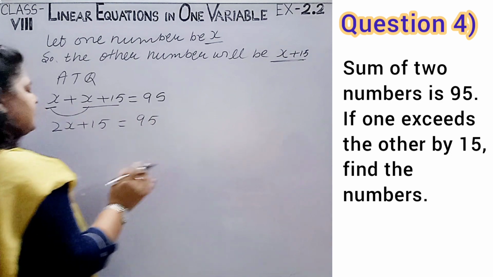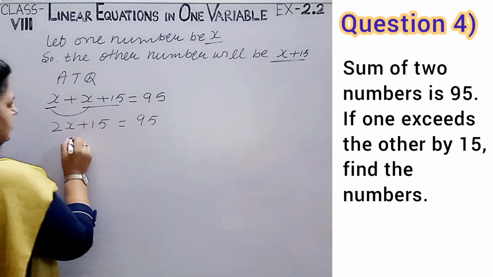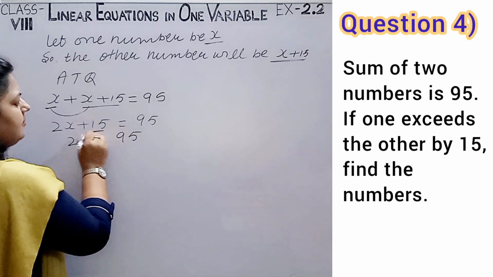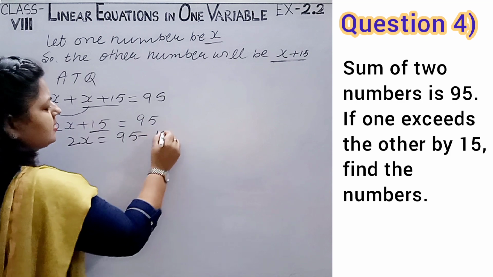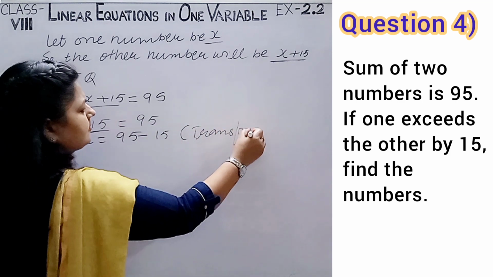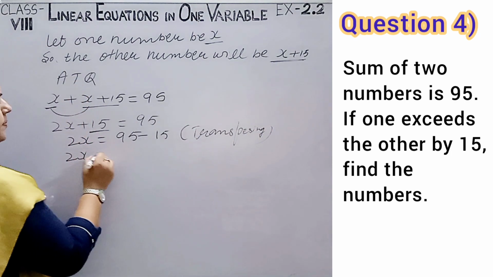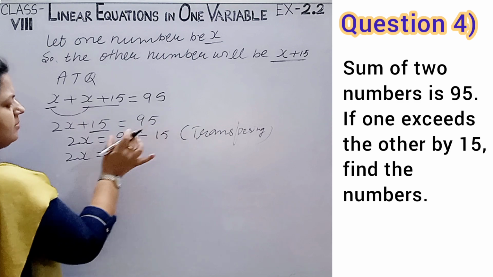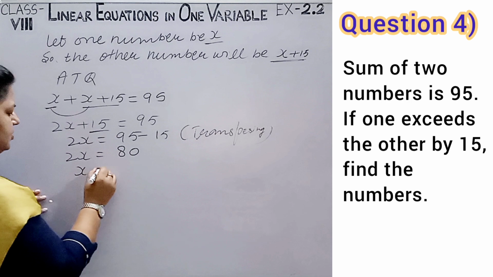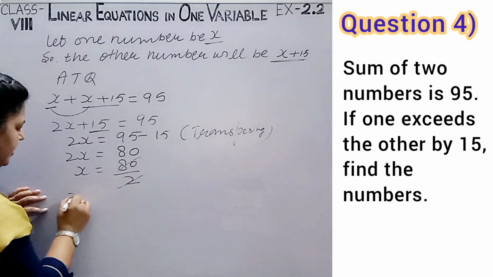Now we are going to transpose 15 from left to right. So 2x equal to 95 minus 15, and 2x equal to, subtract 15 from 95, 80, and x equal to 80 upon 2. Cancel out, value of x is 40.